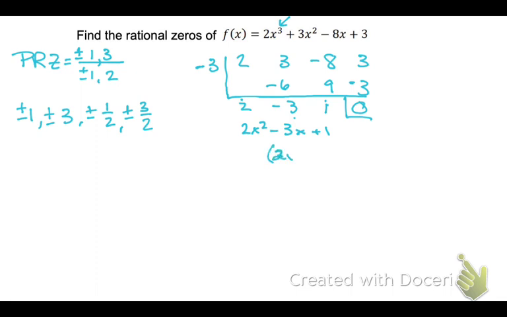So 2x minus 1 and x minus 1. So setting those equal to 0, I get x equals 1/2. So 1/2 would have worked, Olive. Oh, yeah. And 1 would have worked, and we have negative 3. So negative 3, 1/2, and 1.